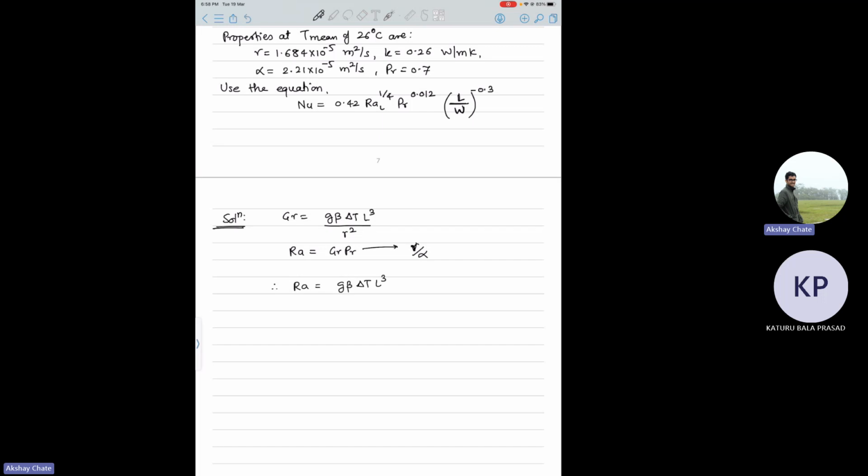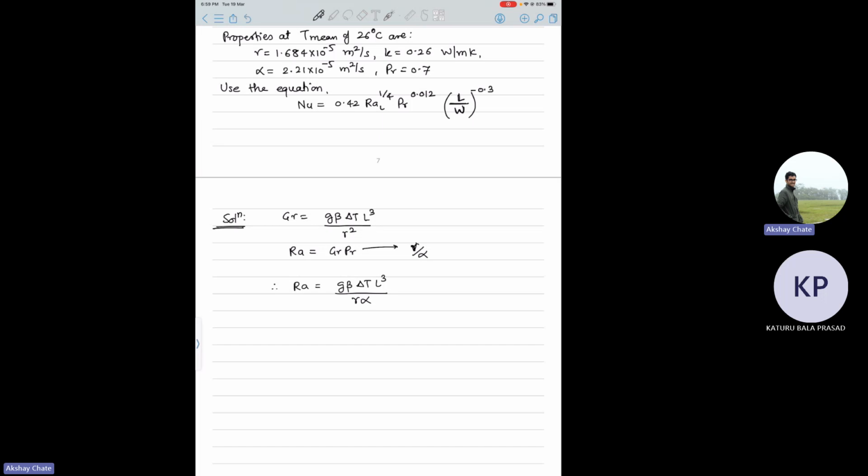In the denominator one kinematic viscosity cancels, and alpha comes from the Prandtl number. This way you reduce your calculations, because otherwise you have to first calculate the Grashof number, then the Prandtl number, and then the Rayleigh number. You can simply calculate it from here.